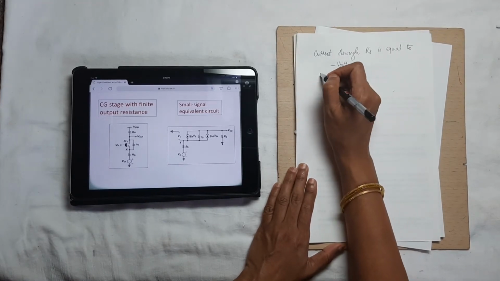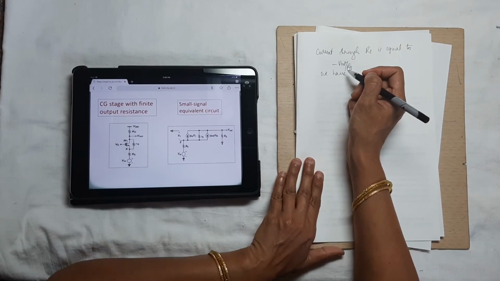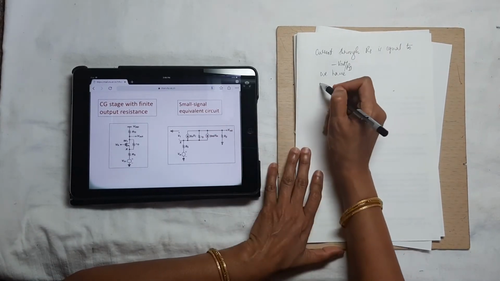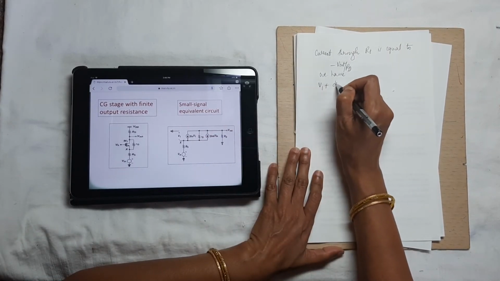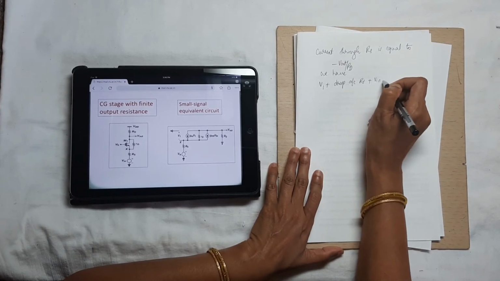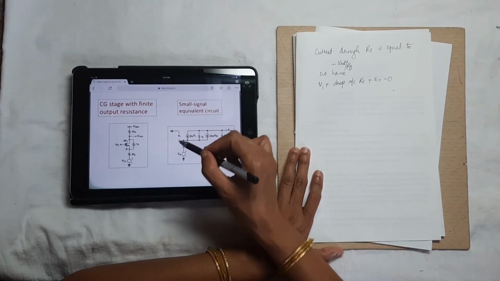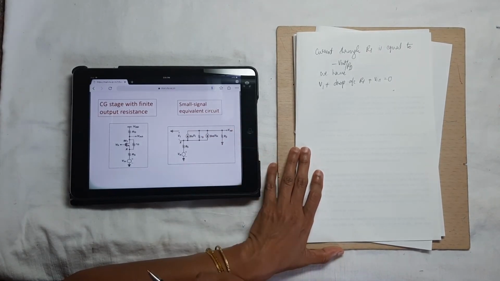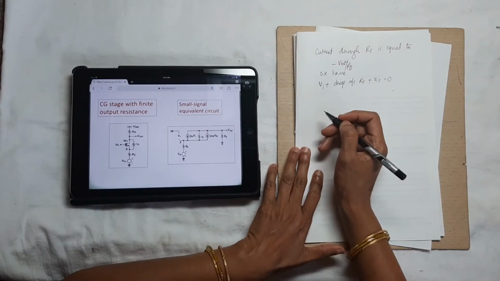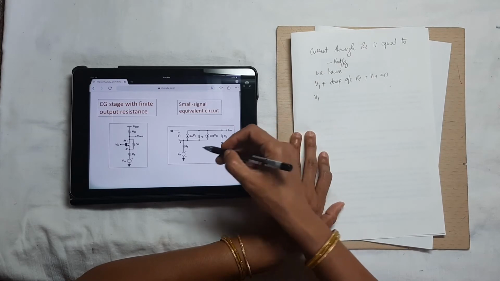Then we have V1 plus drop across RS plus Vin is equal to 0. If you apply KVL to this loop, V1 plus drop across RS plus Vin is equal to 0. What is the drop across RS?